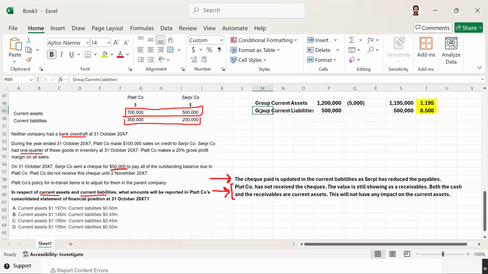It's not receivables or payables. Look at the requirement. It is current assets and current liabilities. It's not receivables or payables. Yeah, these were receivables and payables before, yes. Okay, you see we're talking about the current assets and current liabilities.